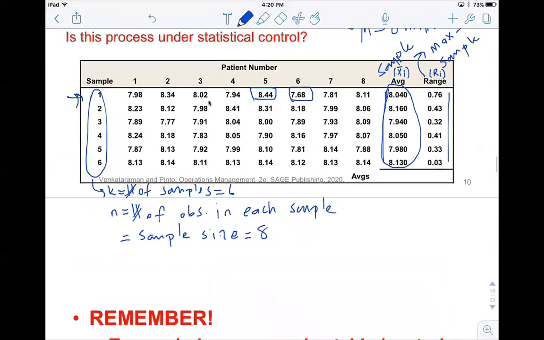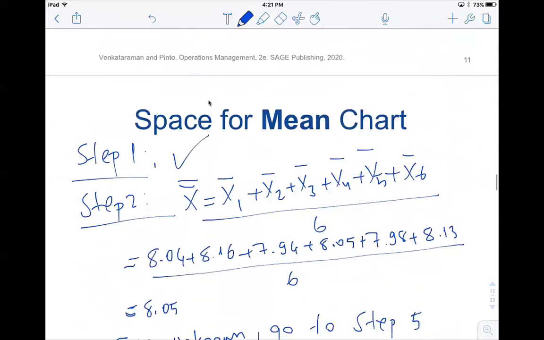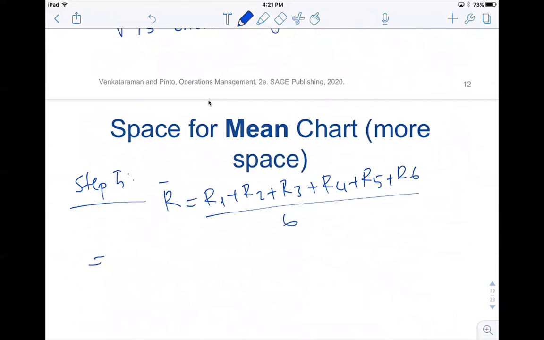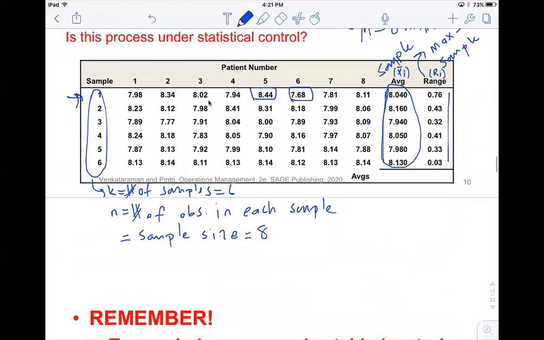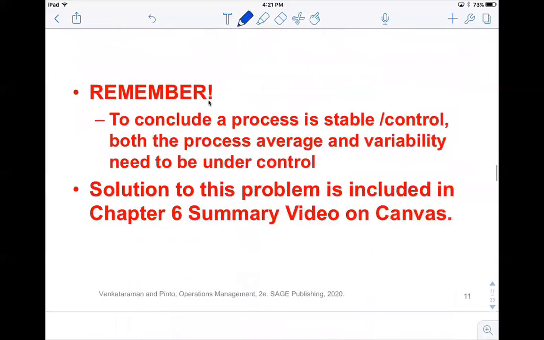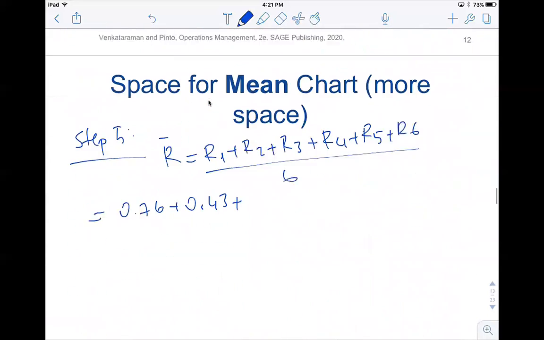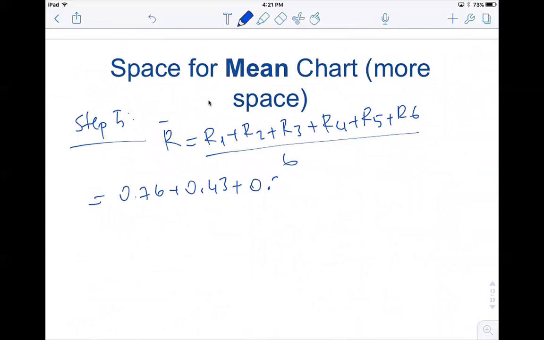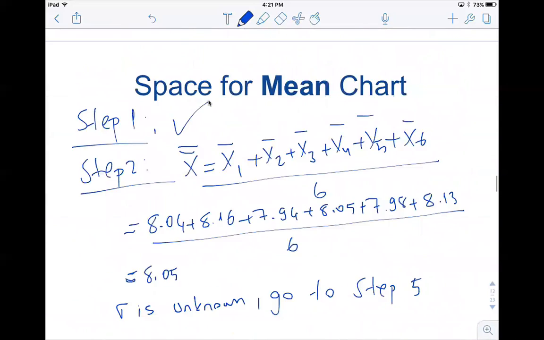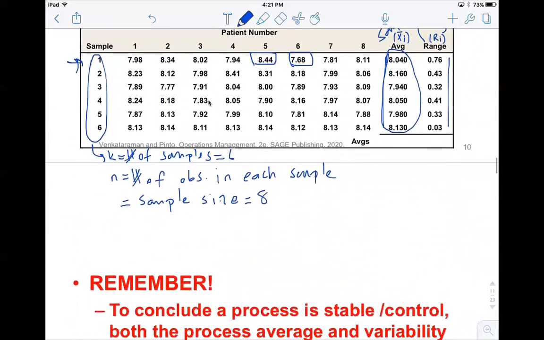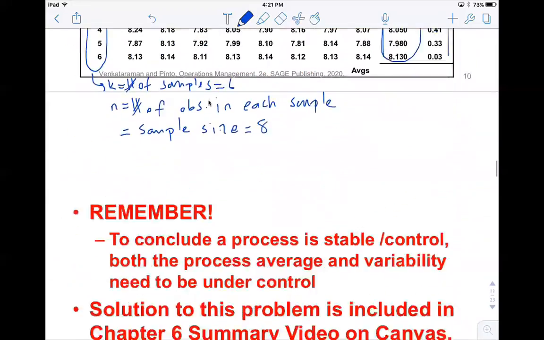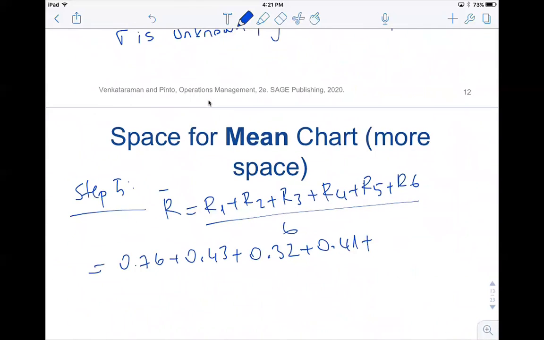So those values are 0.7643, 0.3241. All right, two more: 0.33, 0.03.